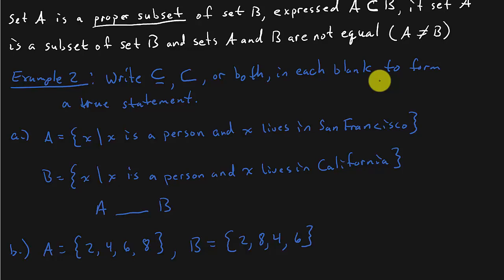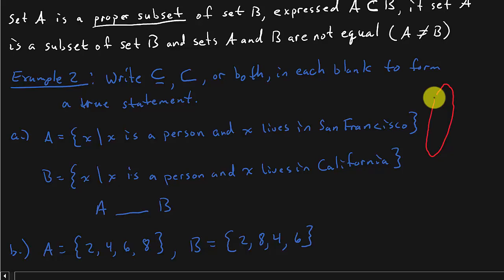Let's look at this drawing. I know that's not California, it doesn't look like it, but we're going to say this drawing represents the state of California. And San Francisco is a city in California.